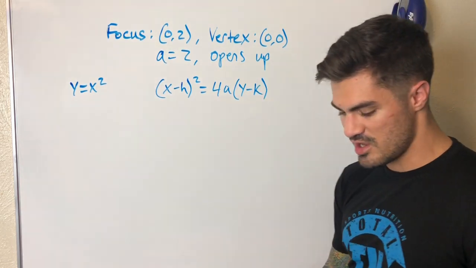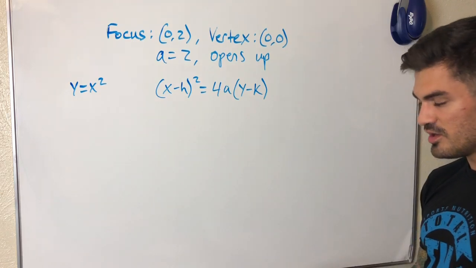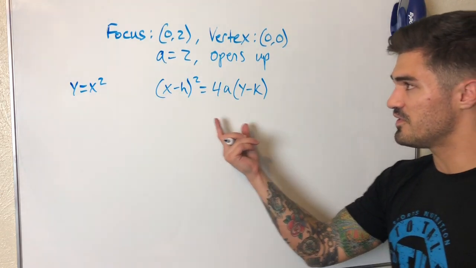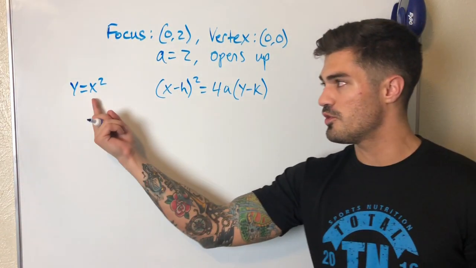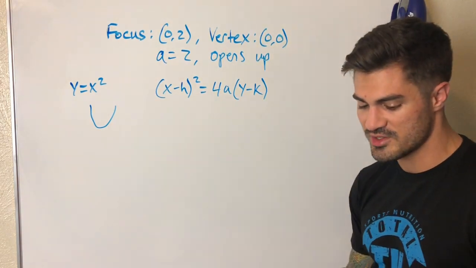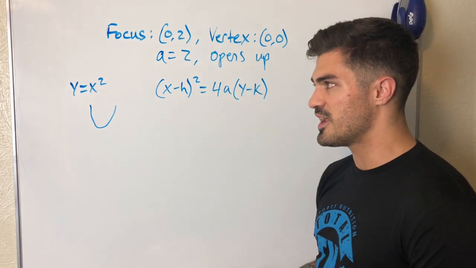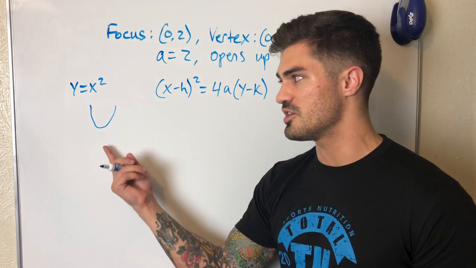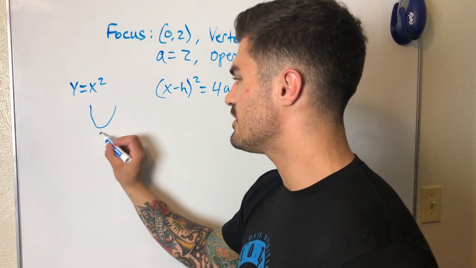Let me double check that and make sure that is legit. It indeed is. Our x is squared, our y is not squared, and we have a positive coefficient. If you want to just memorize, I guess that works as well. But I just remember, okay, we're opening up, that means my x is going to be squared and my coefficient is going to be positive. If my x is squared and my coefficient is negative, that's down.